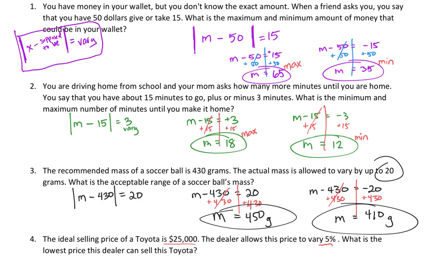5%. Remember, percents go up to 100. So 100% would be like saying, in decimal form, 1.00. 50% would be like saying 0.5. 5%, though, as a decimal, is like saying 0.05.